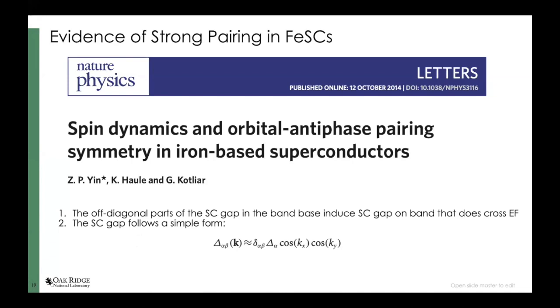The second thing they comment is that the superconducting gap does follow a simple form factor, which is again consistent with our measurement. So based on this, I think it's good consistency between the computation side and the experimental side, and puts a first evidence that the Hund's physics can affect the superconductivity in the iron-based superconductors.